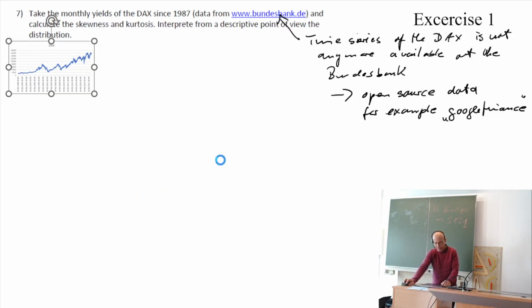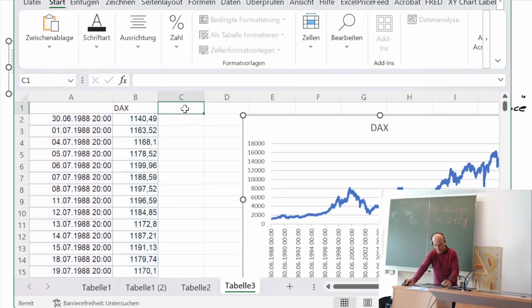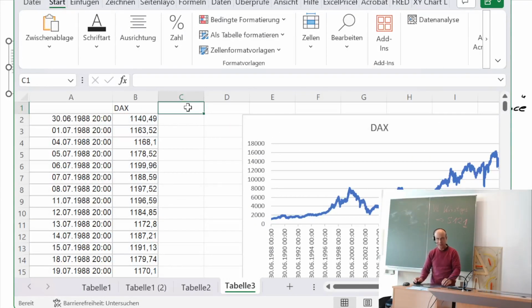And what we are interested in is, of course, the yield. If you invest in an investment fund which is replicating the DAX, then you're of course interested in the yield. And let's calculate this now.